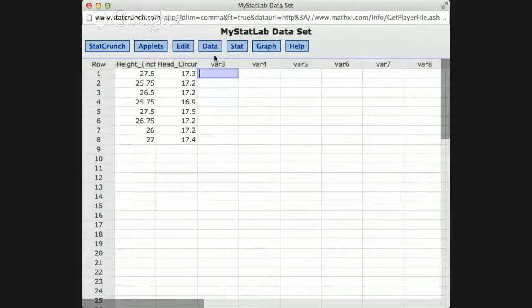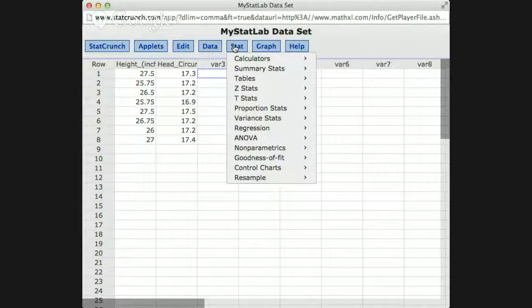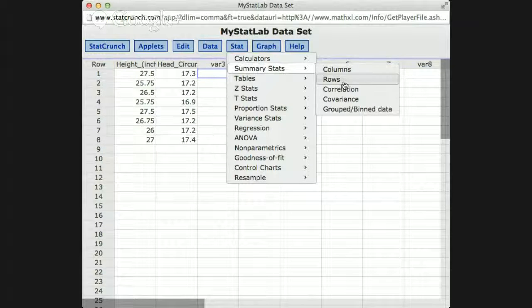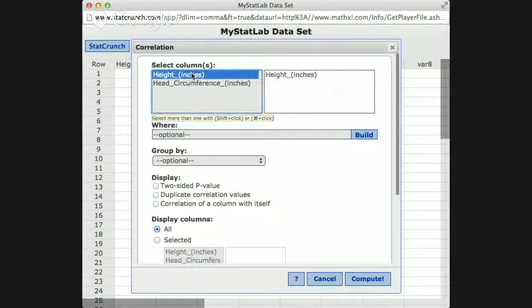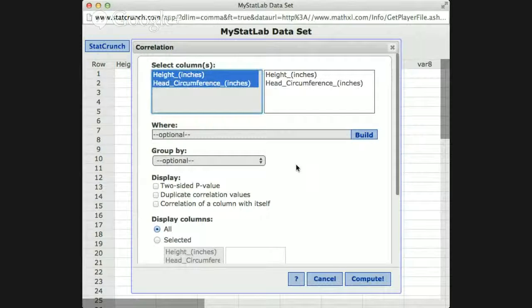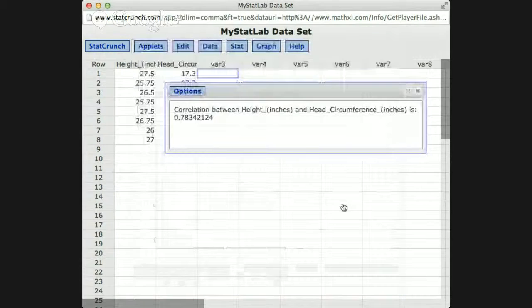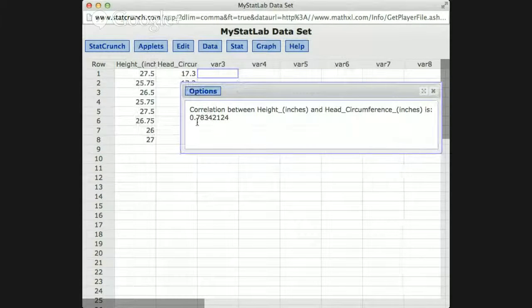And all I want to do here is go to Stats, Summary Stats, Correlation, select the two variables, and then just hit Compute to get the correlation coefficient, which I think my StatLab asks us to approximate to 3 places. So we just do 0.783, plug it into my StatLab, and go.